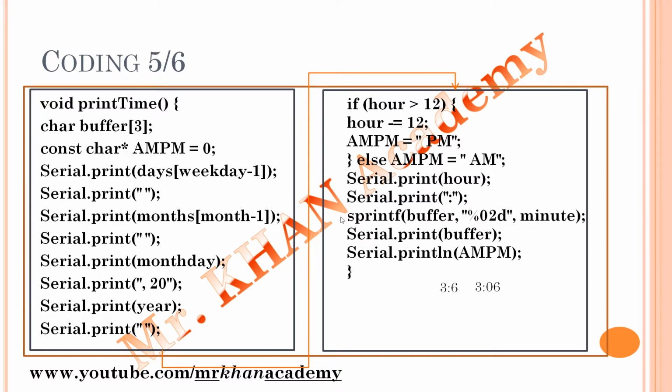This is C type code, in which we are using sprintf with buffer, comma, inverted commas, %02d, minute, by which we are adding the 0 before 6, and after that I am printing the buffer value. I send the minute 6 through the buffer, get 06, and that I print with Serial. And at the end, a normal Serial.print for AM.